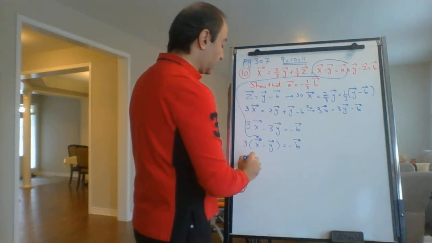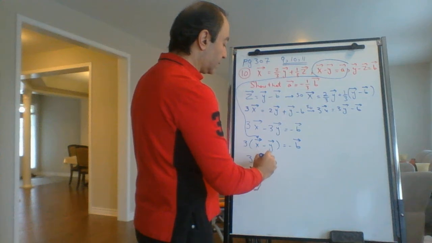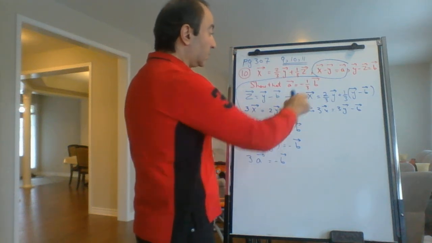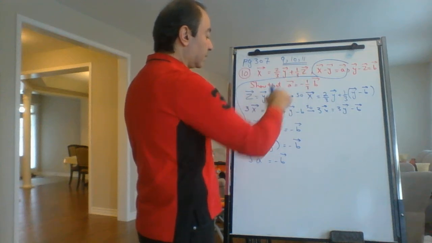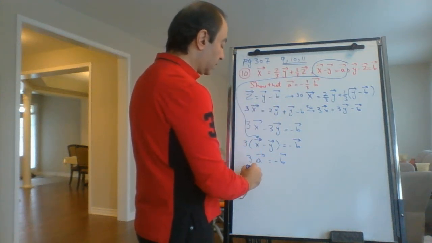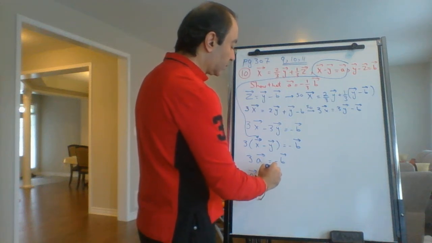So I can say that 3, instead of x minus y, that is vector a, equal negative vector b. Then they want us to show that vector a is negative 1/3 of vector b, so I will divide everything by 3, so vector a will equal negative 1/3 vector b.